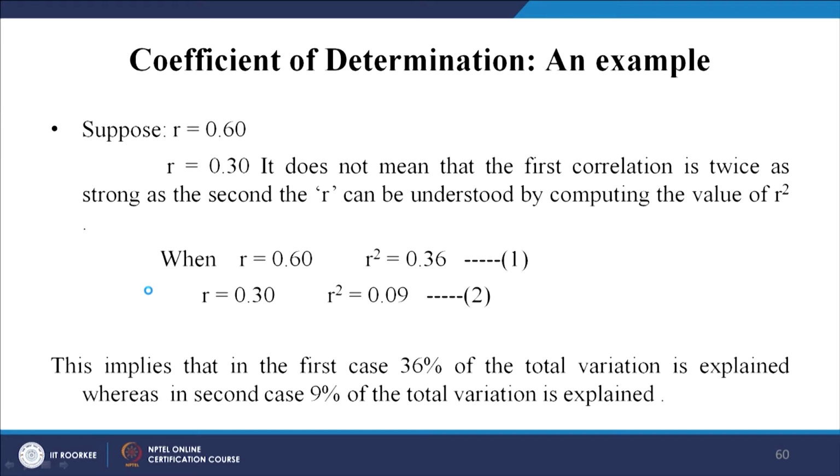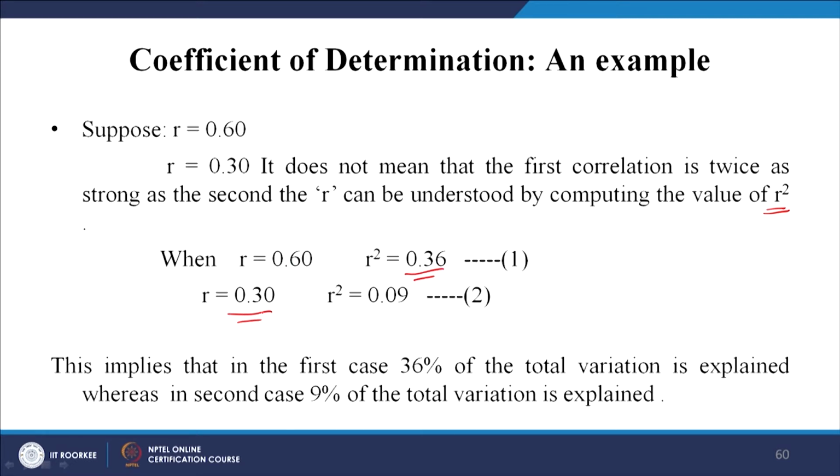Suppose R is equal to 0.6 and R is equal to 0.3. It does not mean that the first correlation is twice as strong as the second. The R can be understood by computing the value of R square. Let us see, R is 0.6, so what is my R square? 0.36.